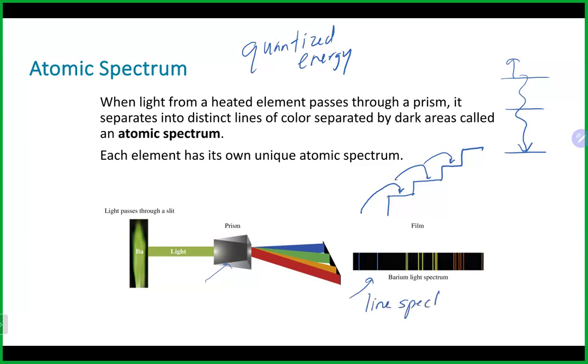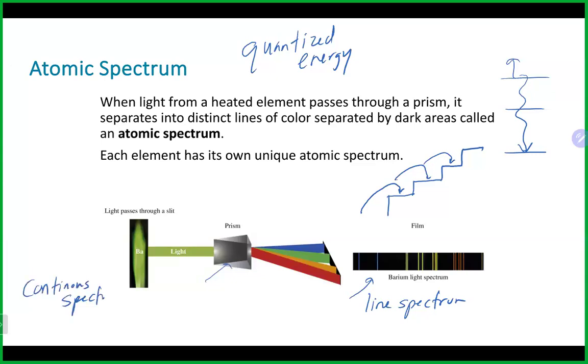And it is a line spectrum because we get distinct lines that occur at specific wavelengths, and they have specific colors. And that is very common in what happens with elements as they are excited and they release energy and relax back down.